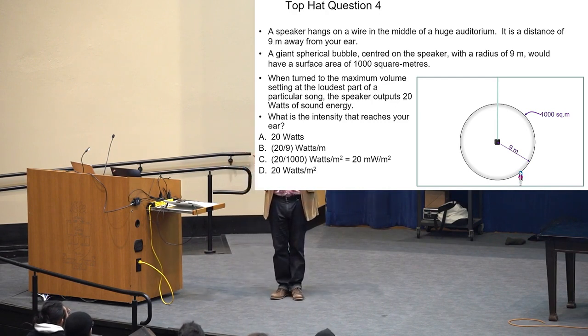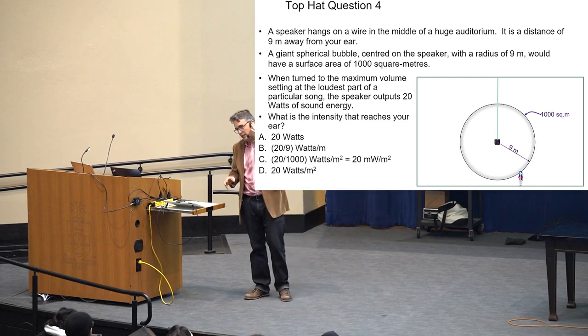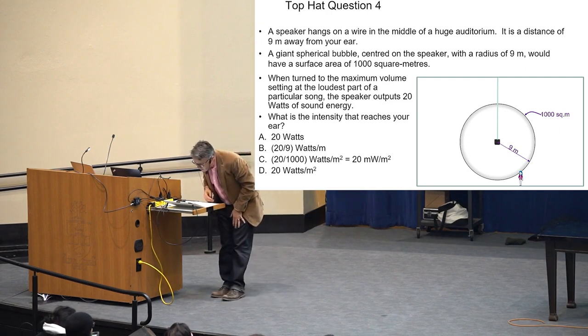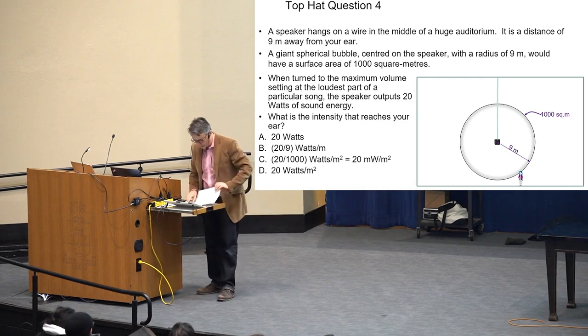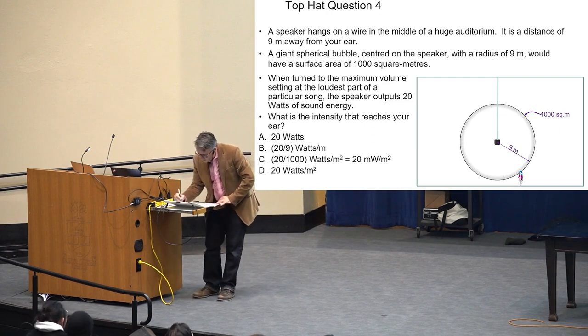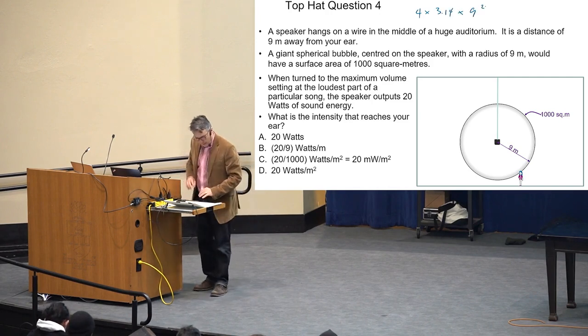If you imagine a big imaginary sphere centered at the speaker, with the edge of the sphere at your ear, it'll have a radius of 9 meters and a surface area of 4 pi, that's 4 times 3.14 times 9 squared. I think that gets to be 1,000.